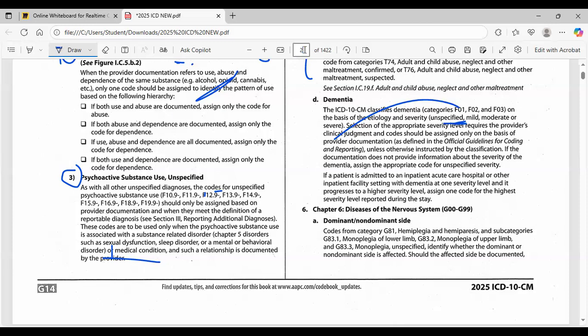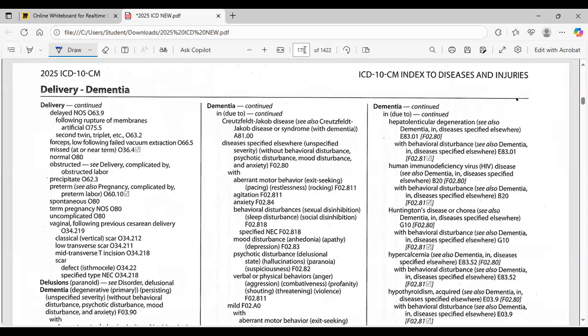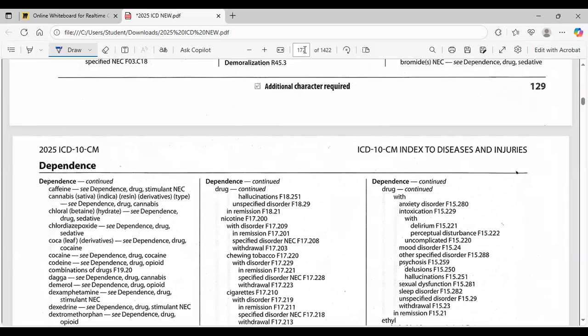Page number 670. Here we go: dependence.